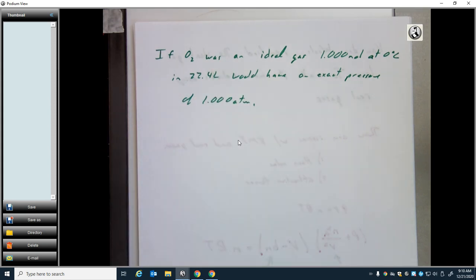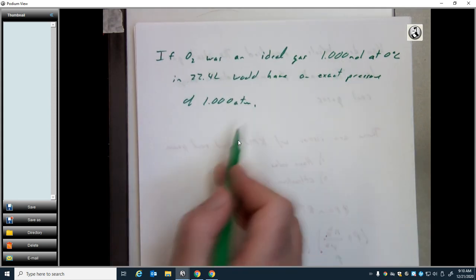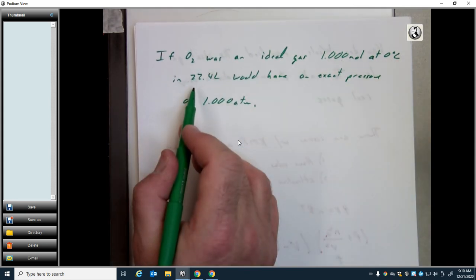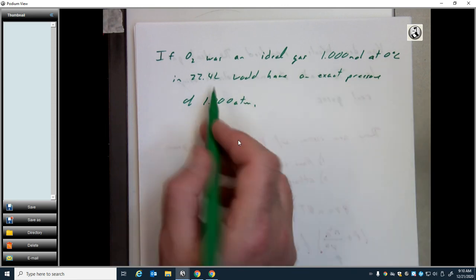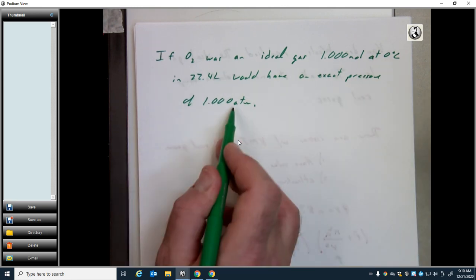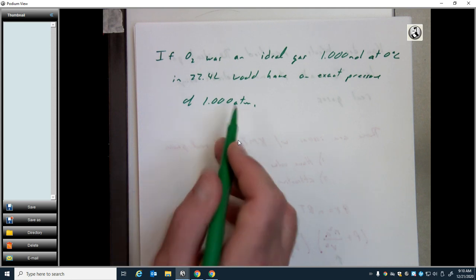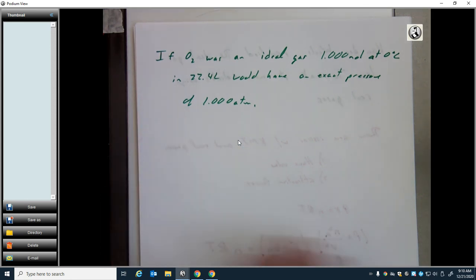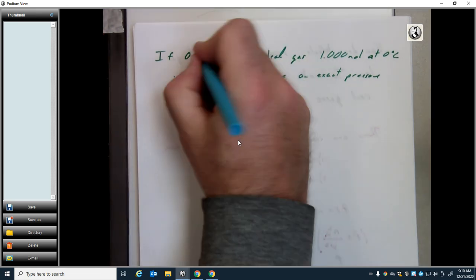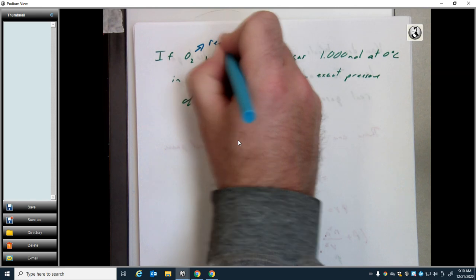We know that if we have 1 mole of it at 0 degrees C, at standard temperature, in 22.4 liters, it should have an exact pressure of 1.00 atmospheres. Well, what does it have? If we use the van der Waals equation, what is the pressure of oxygen? Because oxygen is not an ideal gas, it's a real gas.